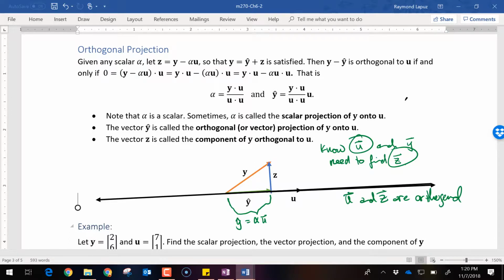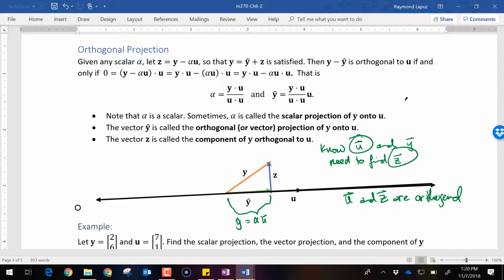So what we're going to do is create a set of orthogonal vectors. We're going to start with one vector, and then they're going to give us a second vector. And if that vector is already orthogonal, great. If it's not orthogonal, then we're going to find an orthogonal vector. So first we're given u, and then they give us another vector y, and then we have to find a vector that's perpendicular to u that's going in the general direction of y.